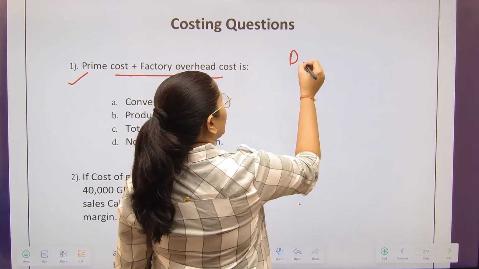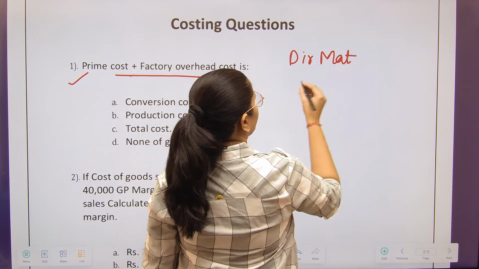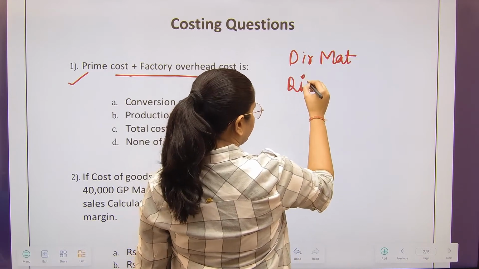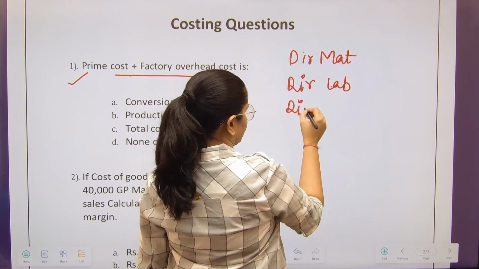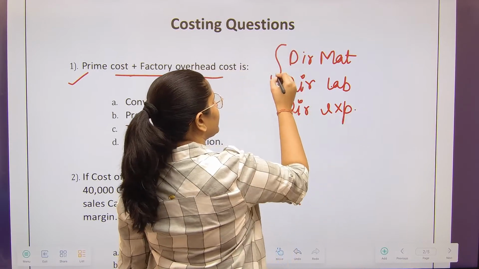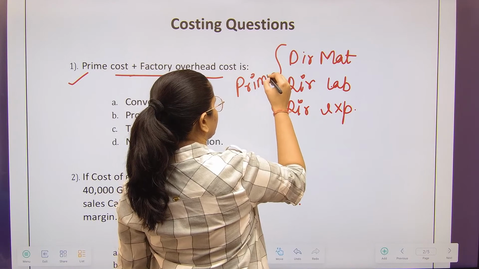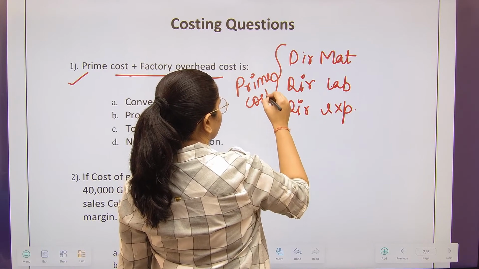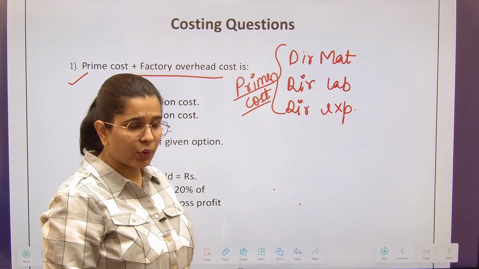So we start with direct material. Then you have direct labor, followed by direct expenses, correct? These three are your prime cost.